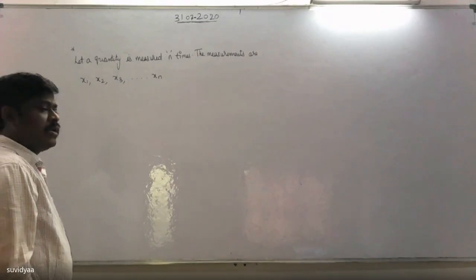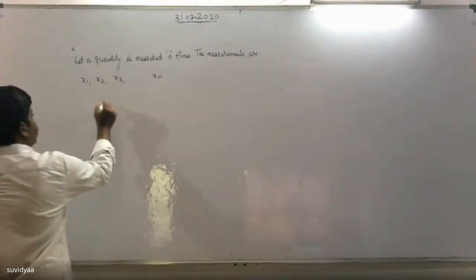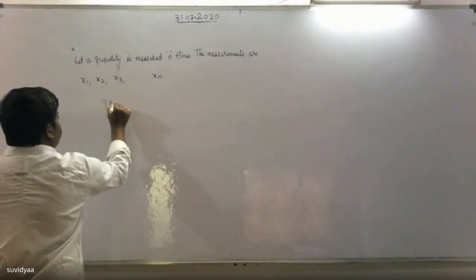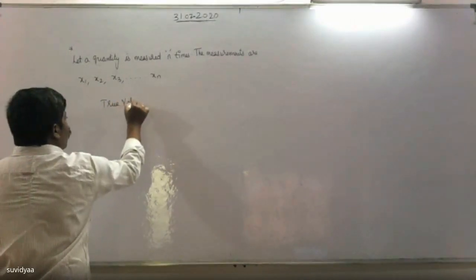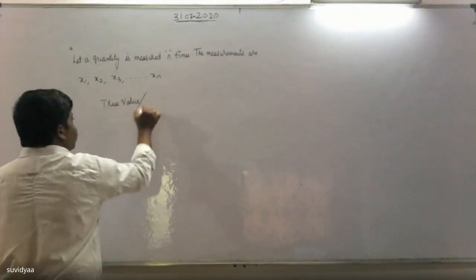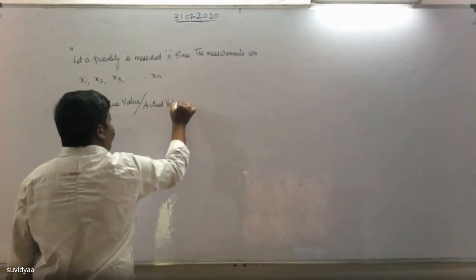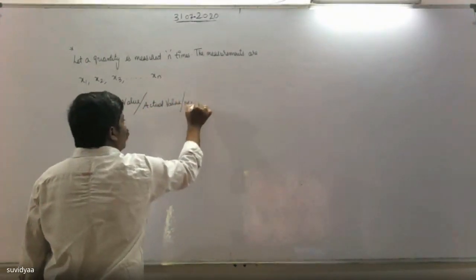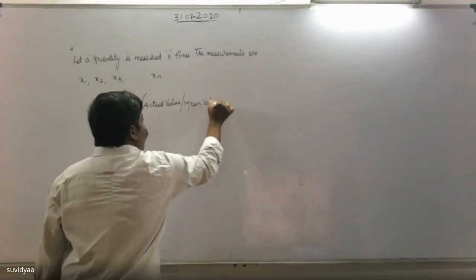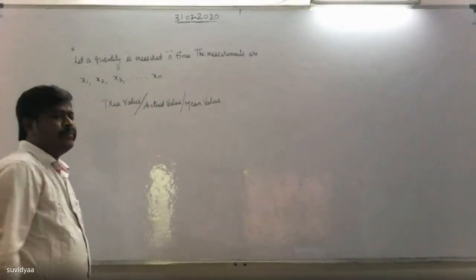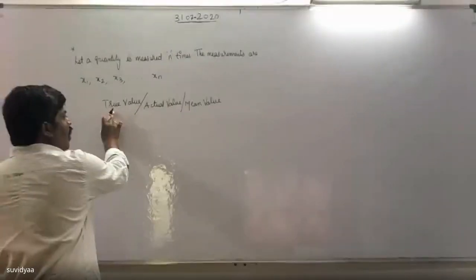Okay, understood? Now, what is the true value or actual value or mean value? All are one and the same. So how to find true value?